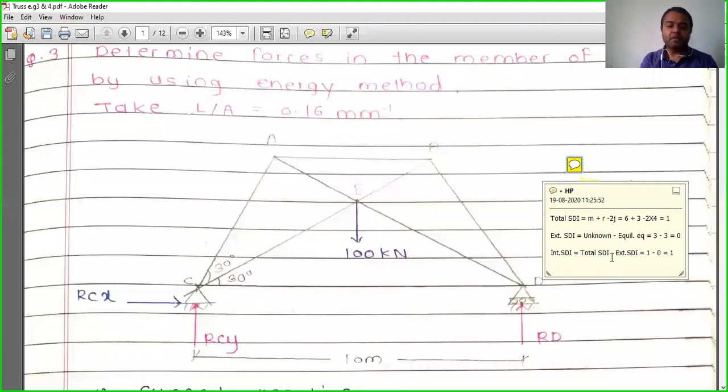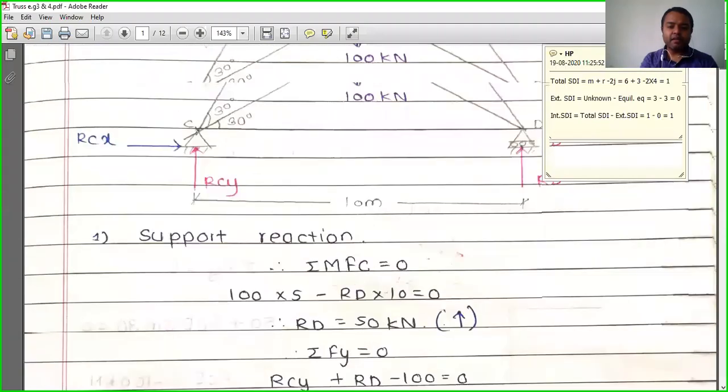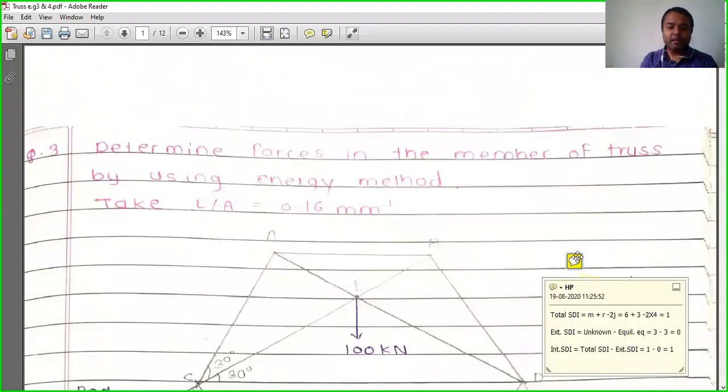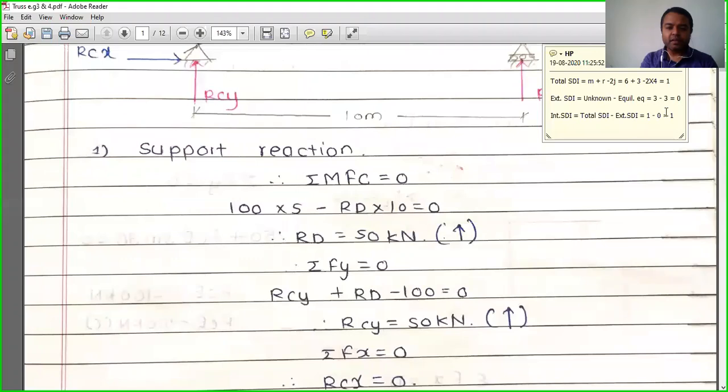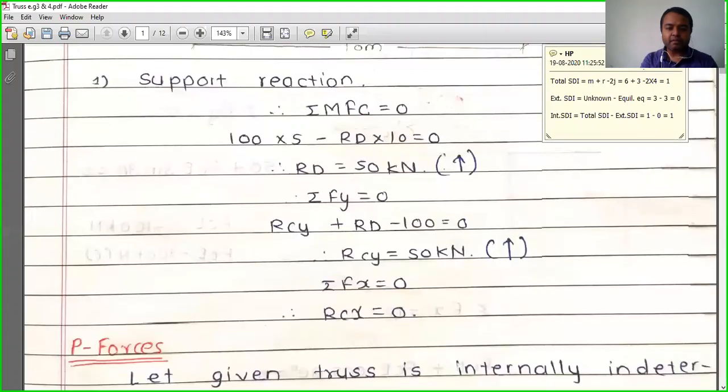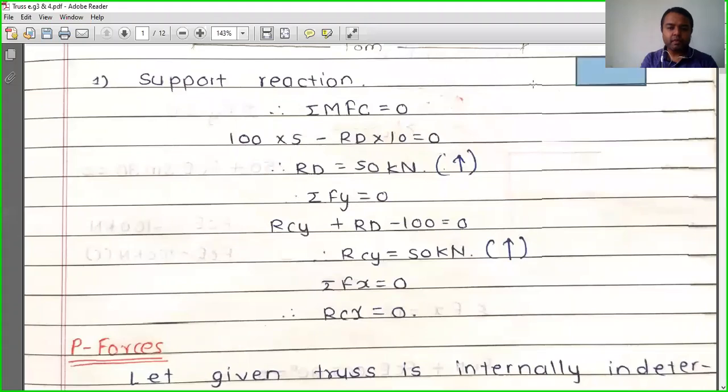Next, first of all, we'll go for the calculation of support reaction. This is the calculation for support reaction.